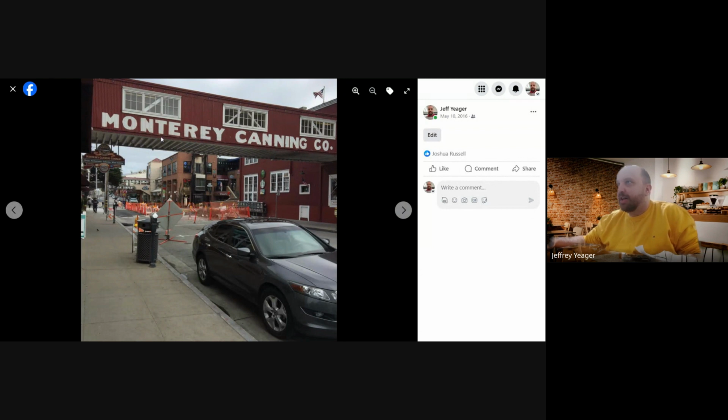You see the crosswalk here. It has the Monterey Canning Company. Today, if you go there, it's really touristy, in no small part due to Steinbeck. Right, a lot of Steinbeck fans go there today to look over the place.